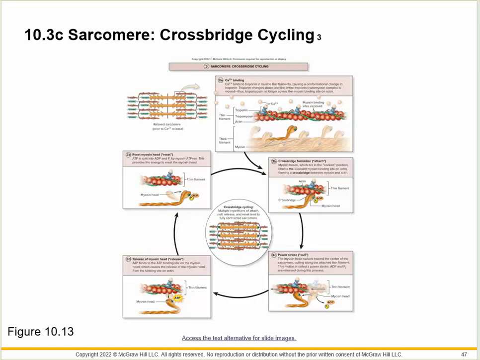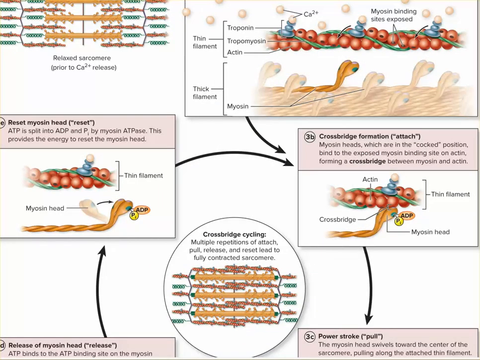So if we look a little bit closer, we're going to see that in a relaxed position, the thin filaments and the thick filaments overlap somewhat. The H zone is quite large.